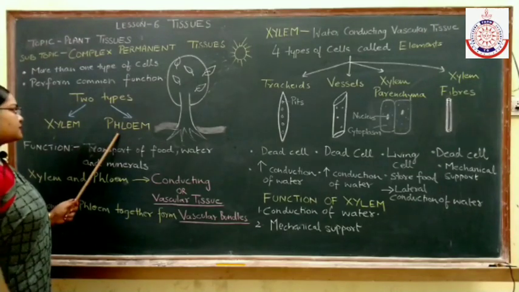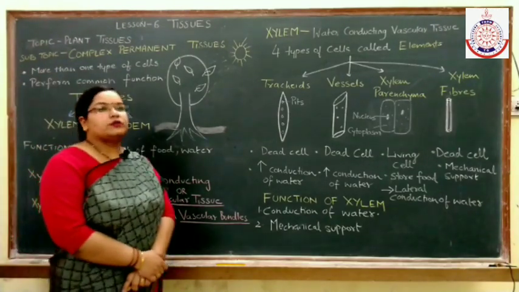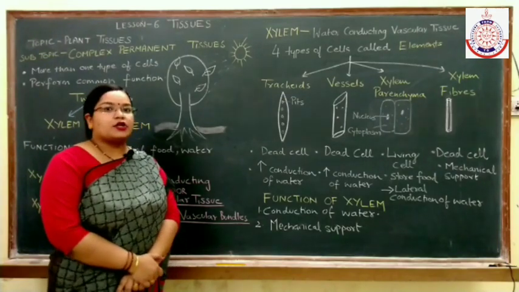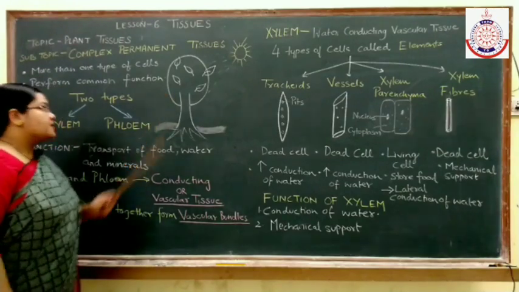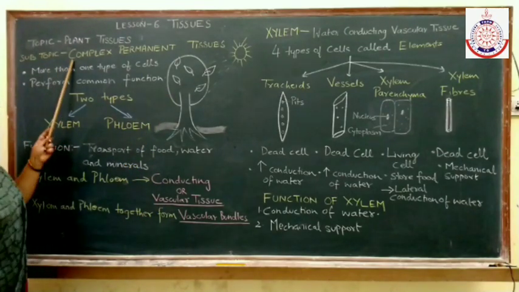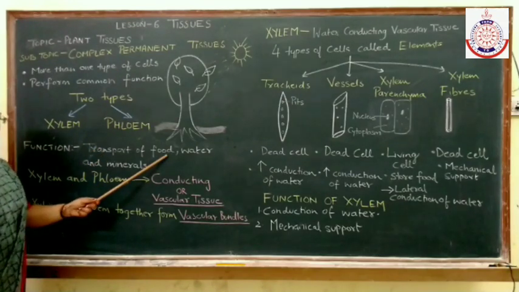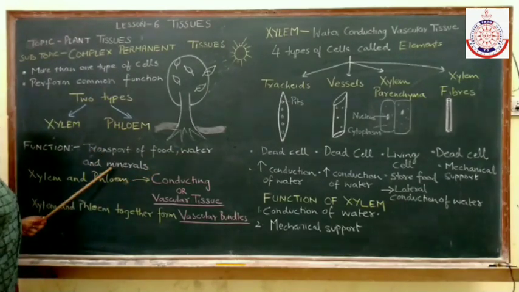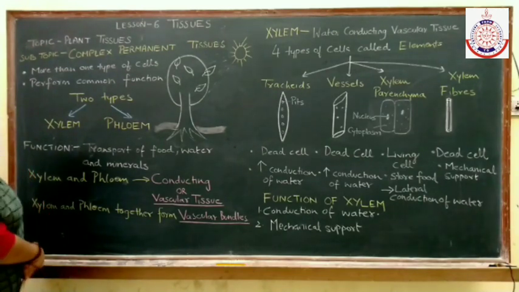These two tissues help in conduction of food, water and minerals to each and every part of the plant body. So, what is the main function of complex permanent tissue?